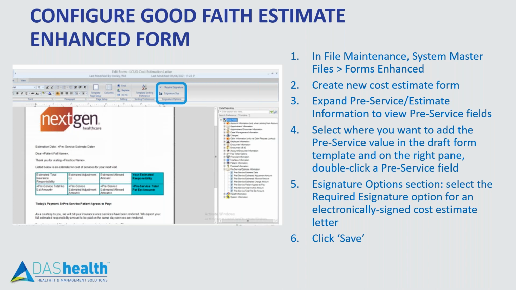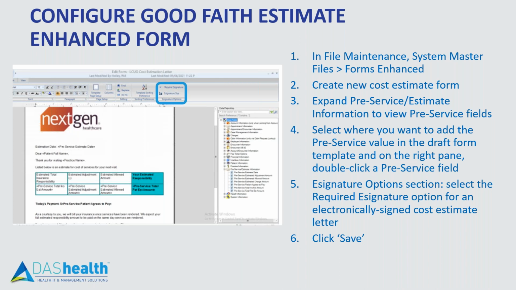So above is a great example of what a GFE form may look like. To actually create that form, you're going to have to navigate into file maintenance and go into your enhanced forms and create that new enhanced form, naming it something along the convention of your cost estimation form or GFE.